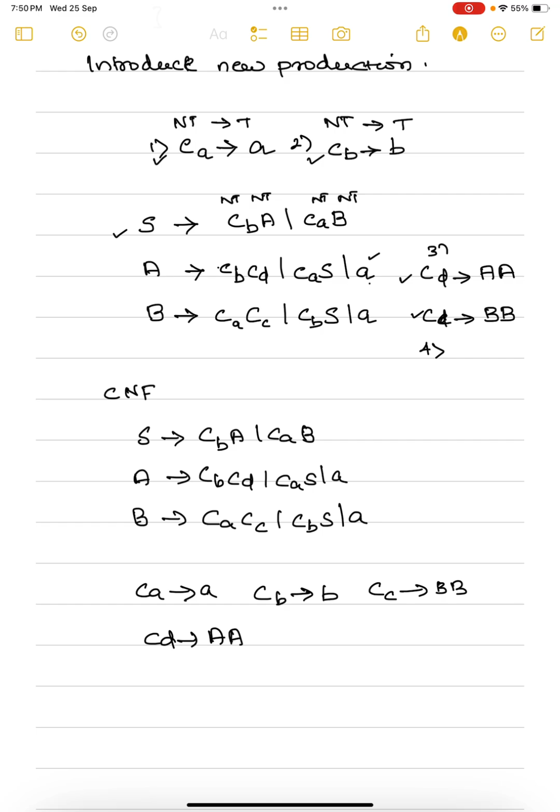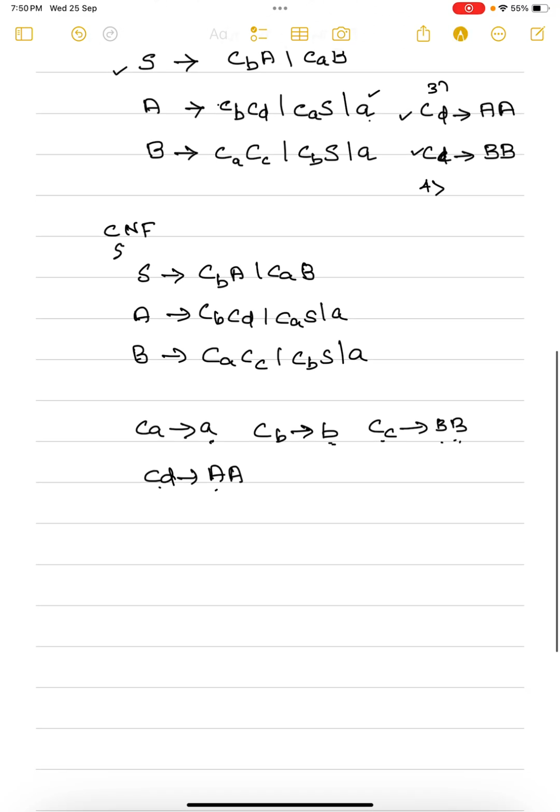Now all the newly introduced productions are also in Chomsky normal form: non-terminal tending to a single terminal, and non-terminal tending to two non-terminals. So this is going to be our set of productions.